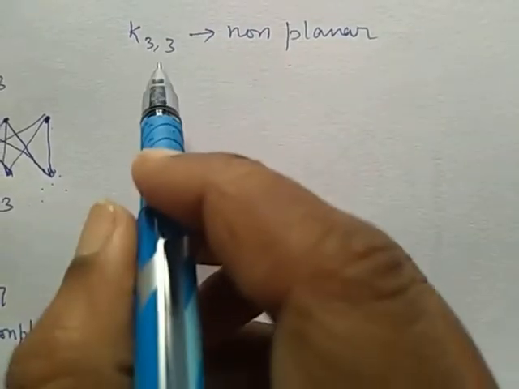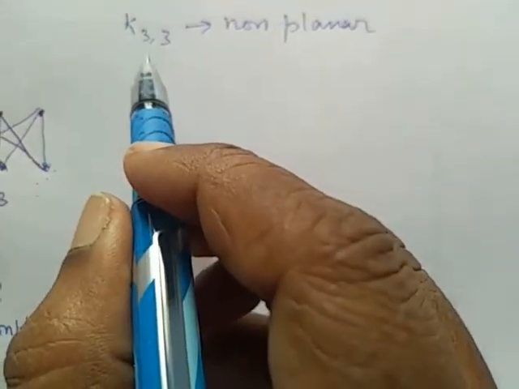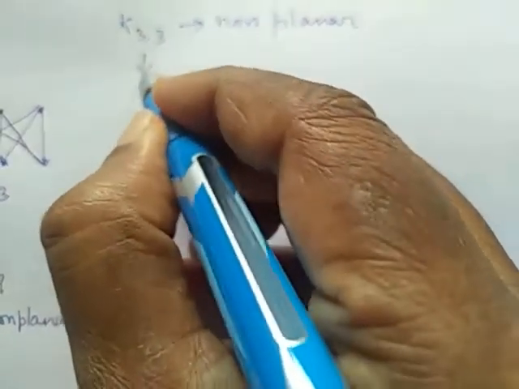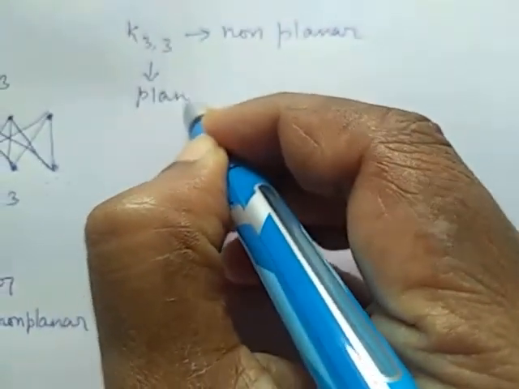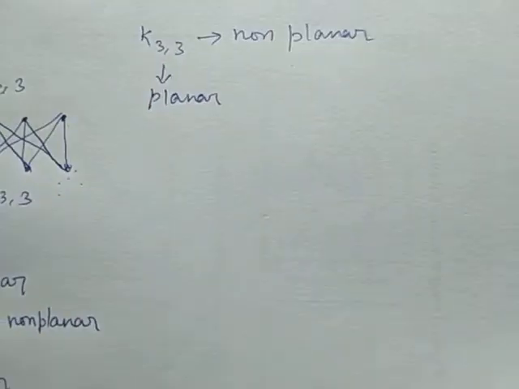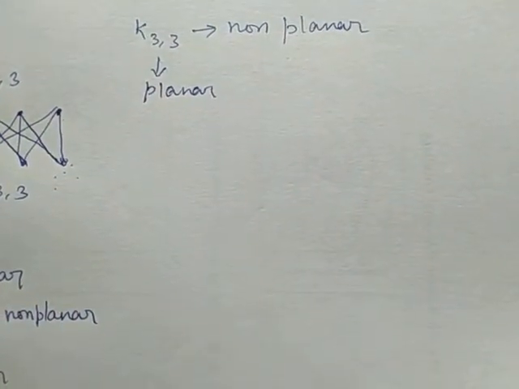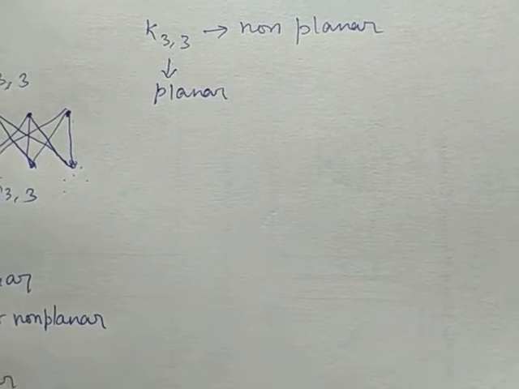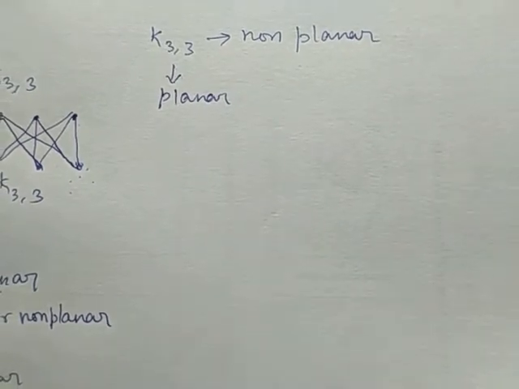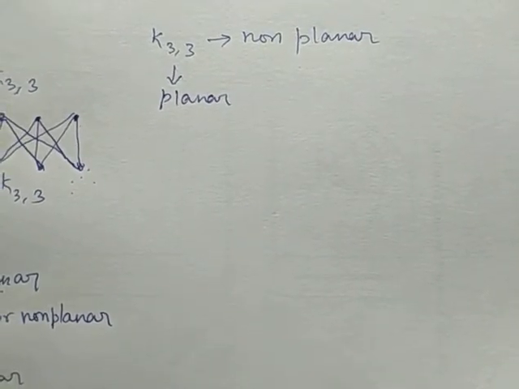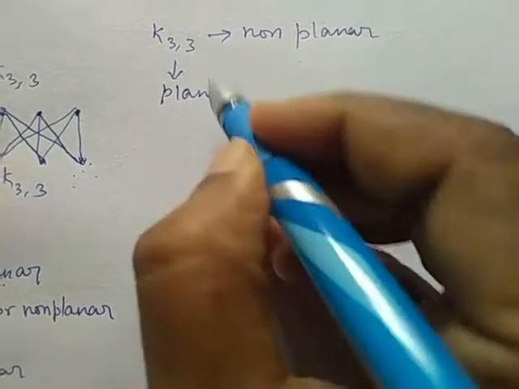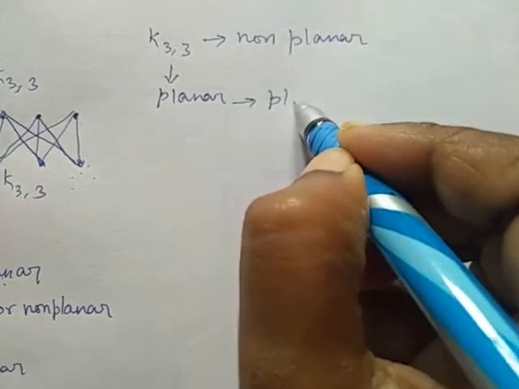Suppose I am assuming that K3,3 is planar. If K3,3 is planar, we can draw K3,3 as a plane graph.